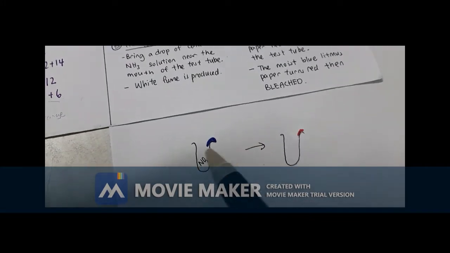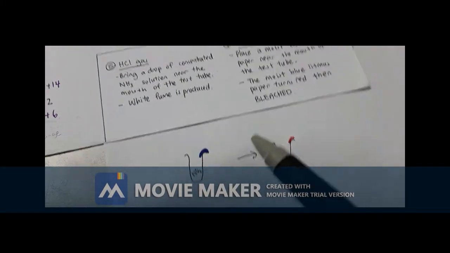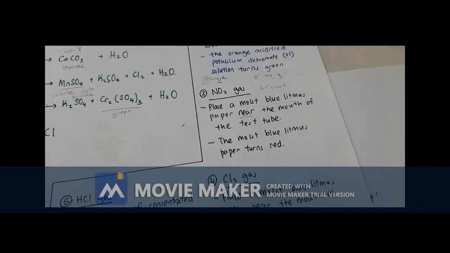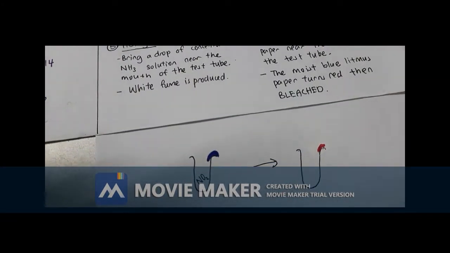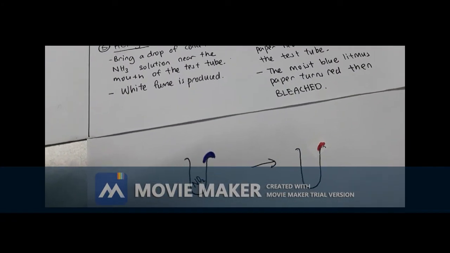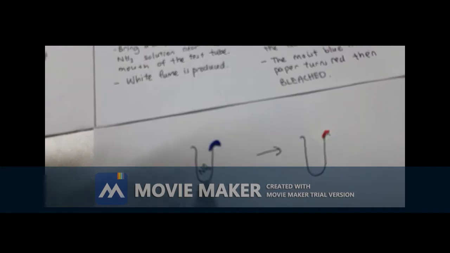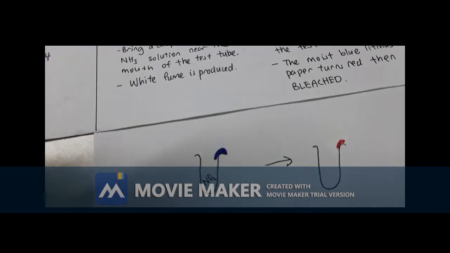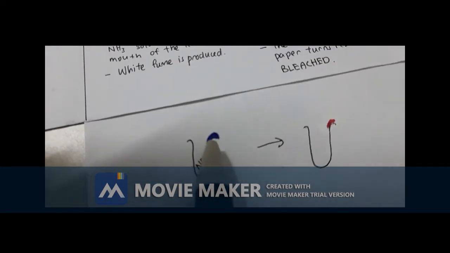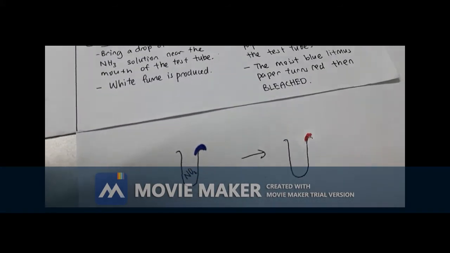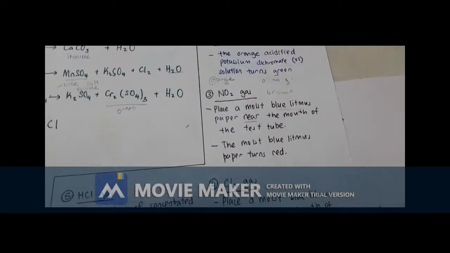Since it's moist, it's not going to be straight, it's going to hang off a bit. The reason why it's moist is because the acidic gas will only show its acidic property in the presence of water. Only then will it show that it's acidic by changing the color of the litmus paper from blue to red. So that is it for NO2 gas.